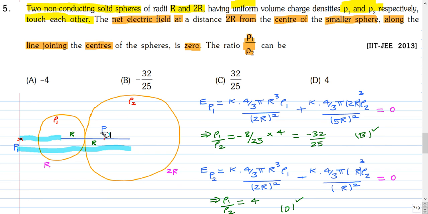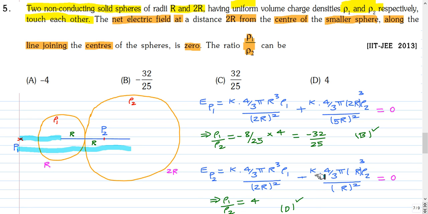Electric field at point P2, similarly we can find out. For point P2, the electric field due to the smaller sphere can be calculated as if it's a point charge located at the center. That is at a distance of 2r from P2. So this is the electric field. And for the bigger sphere, only the charge inside a sphere of radius r will contribute to the electric field at point P2.